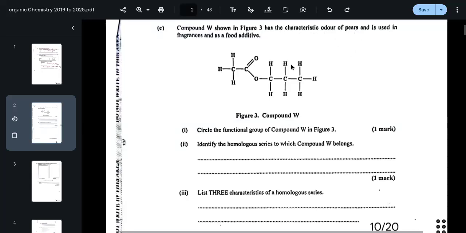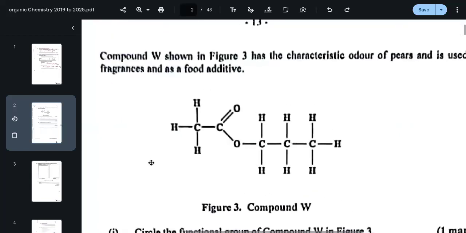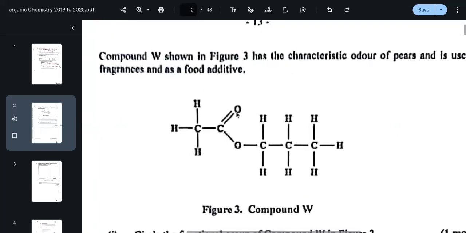But outside of that, just looking at the structure, focus on the structure. When I get an organic compound, it typically represents a whole homologous series. So let's just check.